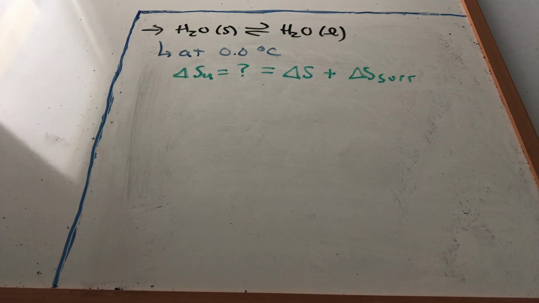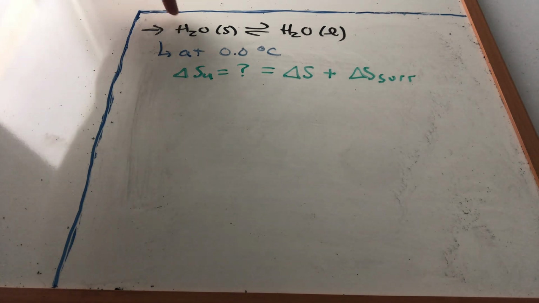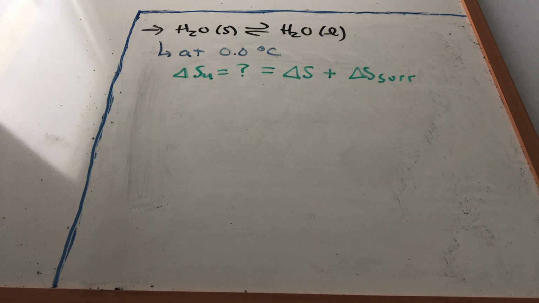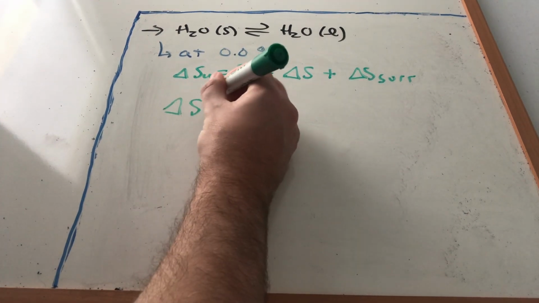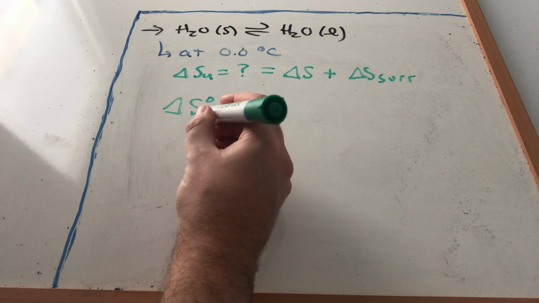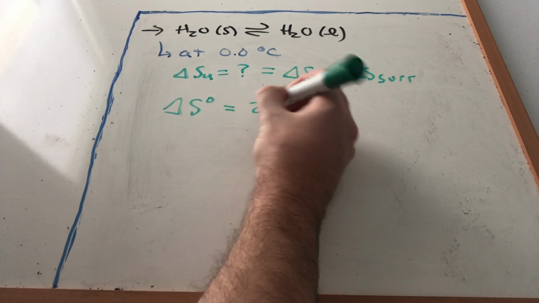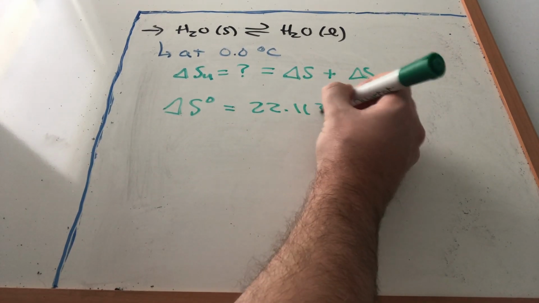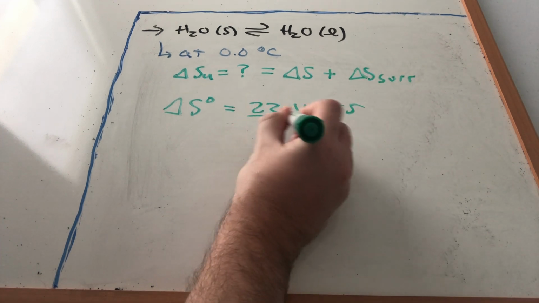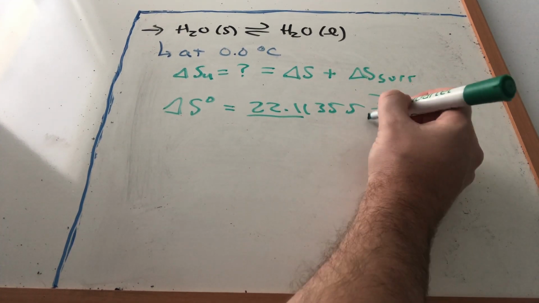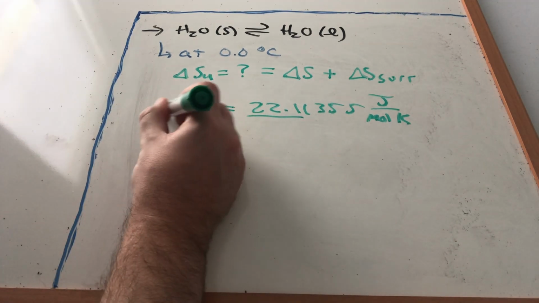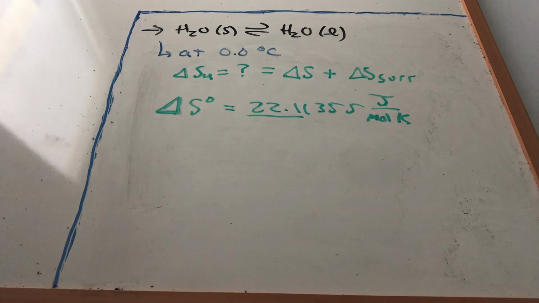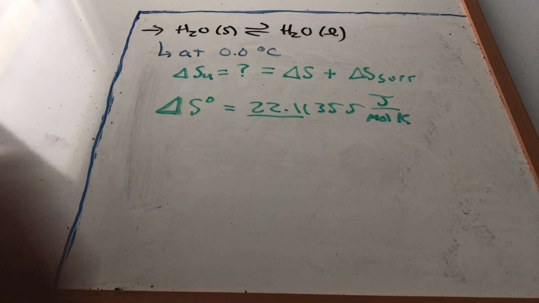This is piggybacking off the last example we did where we knew delta H. So delta S naught we already know: it's 22.11355 joules per mole Kelvin. We have that from our last example. We could calculate that with table information because it is standard, but we have it from the last example.